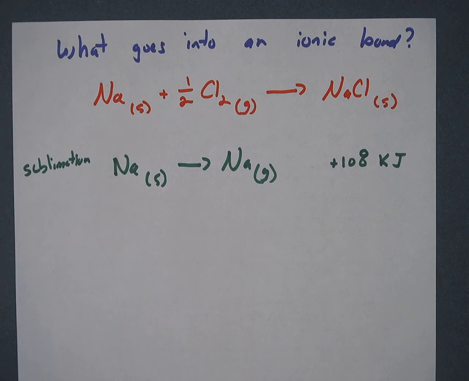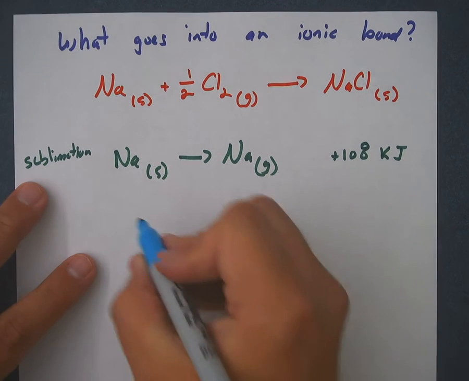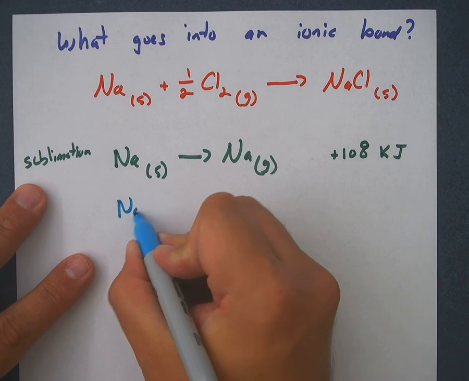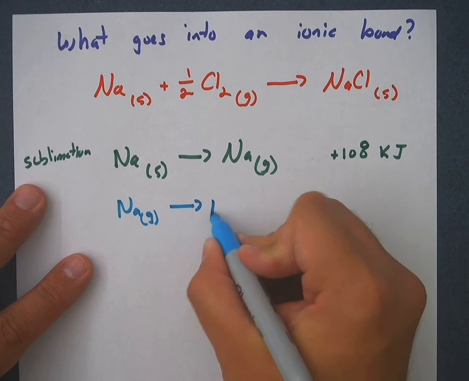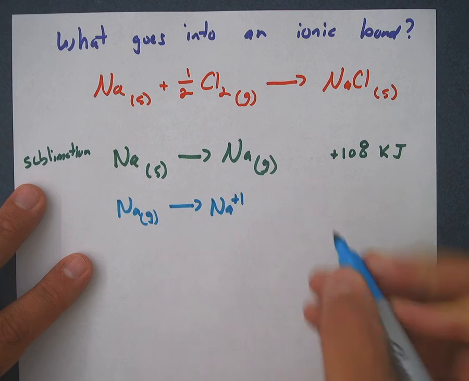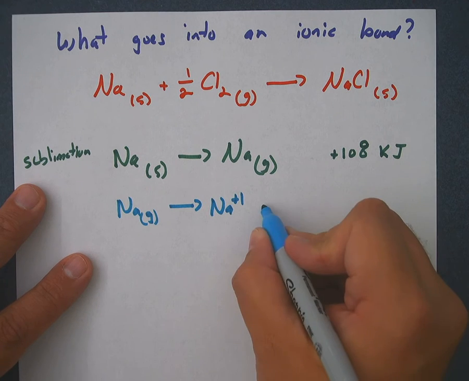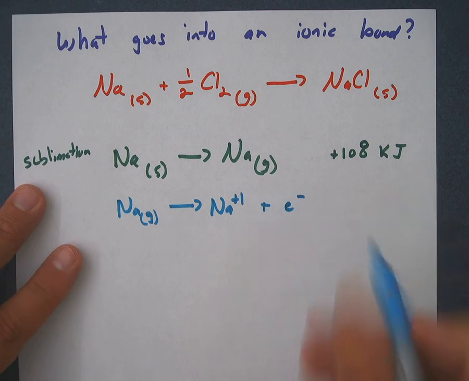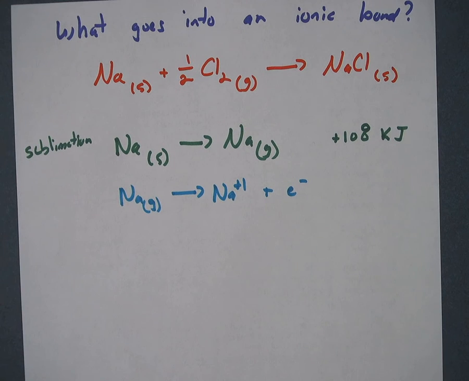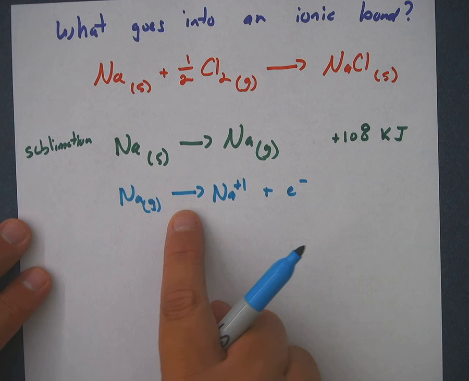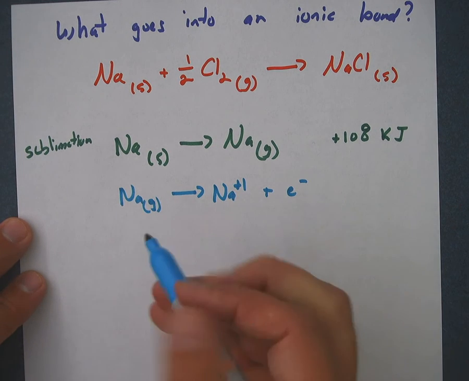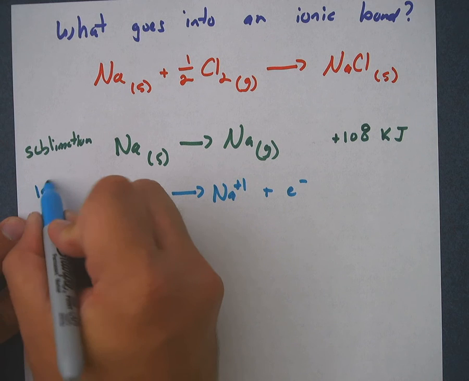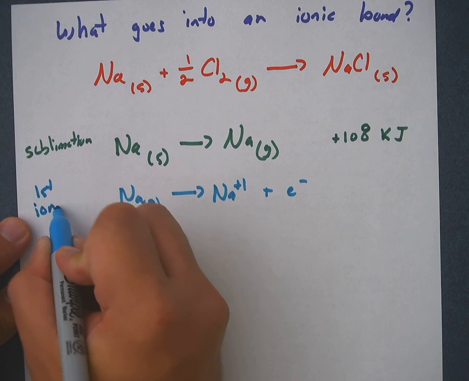The second thing that happens, which I'll do in blue, is that the sodium gas has to lose an electron to become a sodium ion, and an electron falls off for this to happen. We recently learned a vocab word for the energy needed for an electron to be removed from an atom: the first ionization energy.